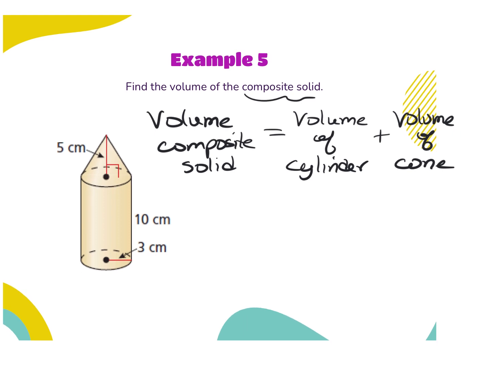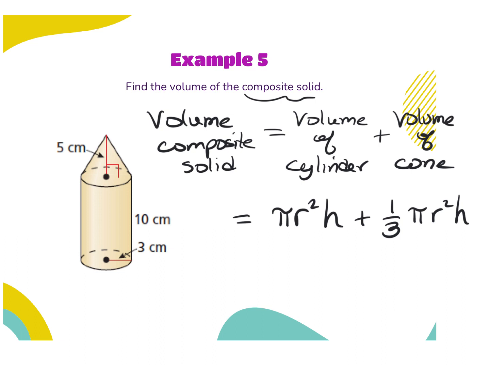Now, for these formulas, volume of a cylinder, remember, is area of the base times how tall it is, and my base is a circle. Then the cone, though, same formula, but it's pi r squared, and it's times 1/3 times height. Now, notice I got 2 h's, but these h's are different.